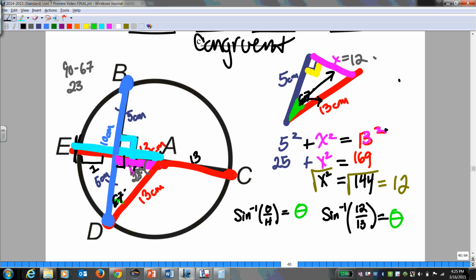No, you didn't. Because now we have a central angle. And if that's 23, and that's a central angle, that means this arc out here is 23 degrees.